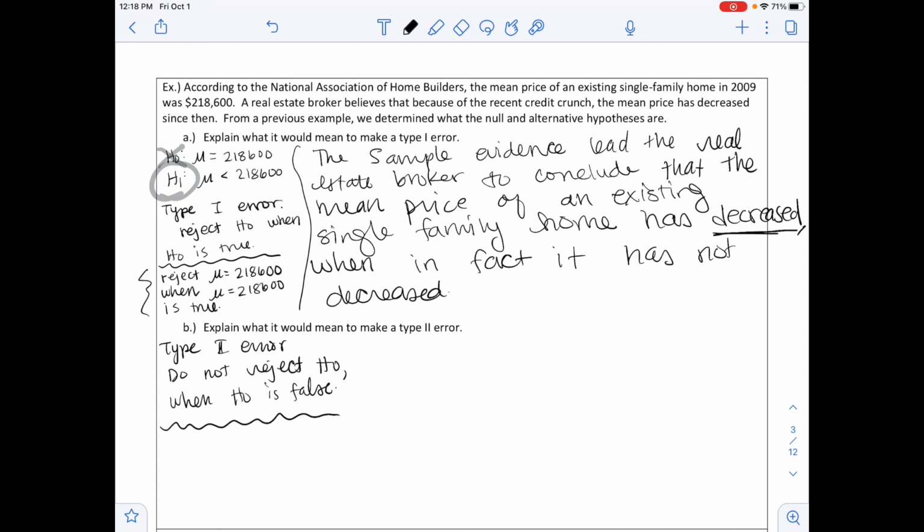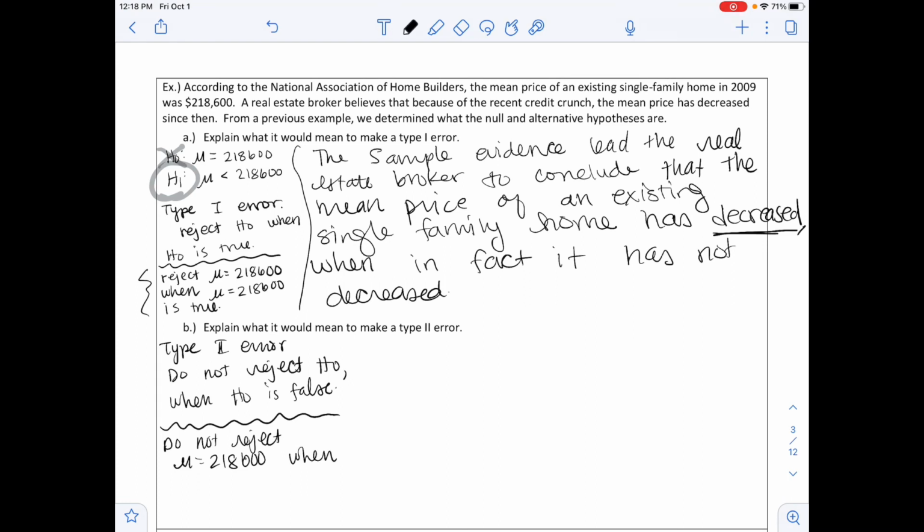So for this problem, this means we do not reject H naught, and H naught is going to be that the mean is equal to 218,600, when H naught is false.